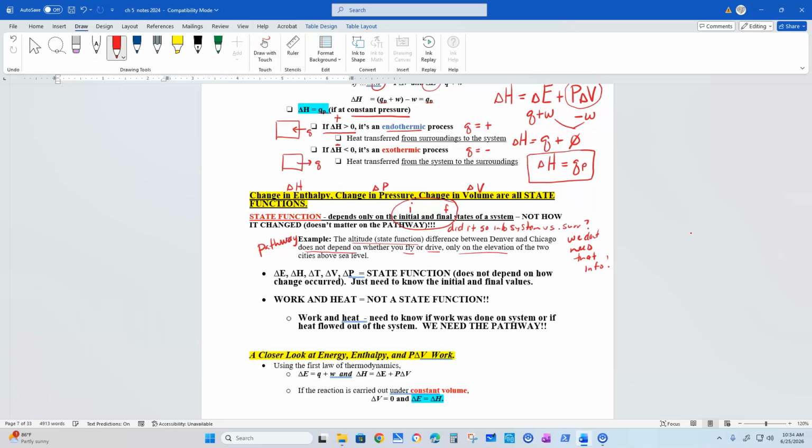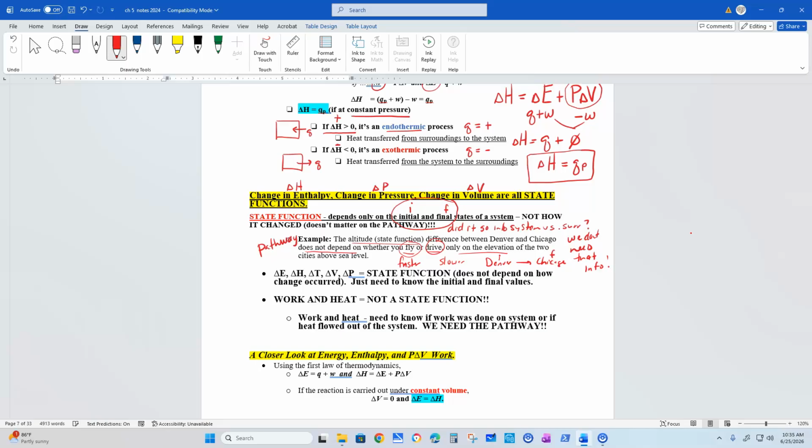Only the elevation of the two matter. You still got to Chicago. Whether you flew, you got there faster. Whether you drove, you got there slower. But you got to see a whole bunch of states as you went through your travels. But you started in Denver, and you still got to Chicago.